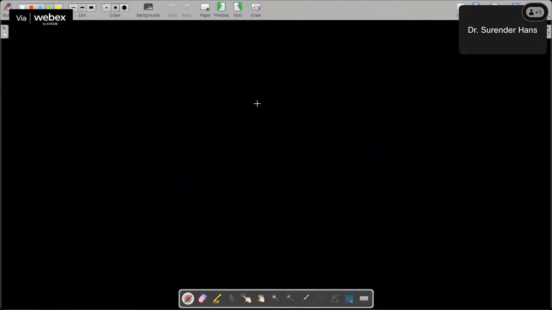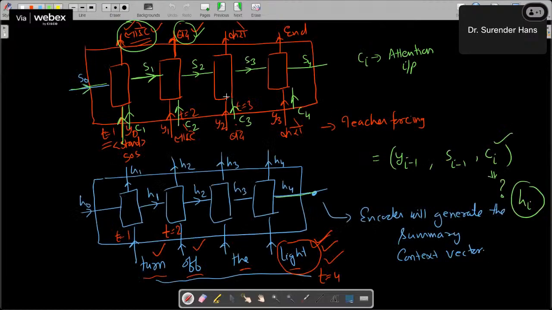This attention mechanism then assigns a weight to all the hidden states of the encoder.